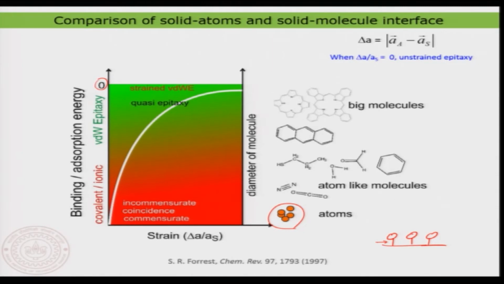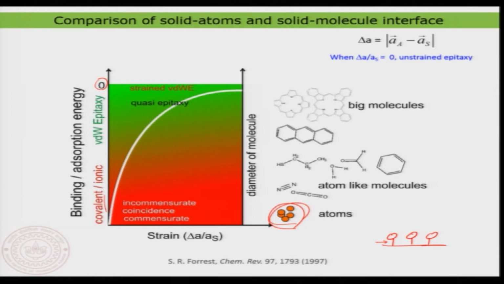So, obviously you would find that the atom-like adsorbate has the highest binding energy or adsorption energy on the surface. That is because of the true chemical interactions between them, and as we have already seen in a few cases, it can be in the order of a typical chemical bond, like 2, 3, 4 electron volt.